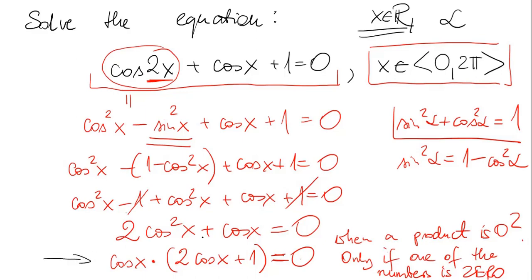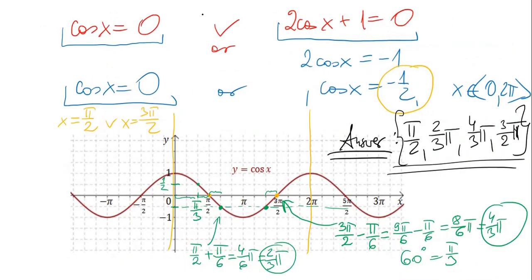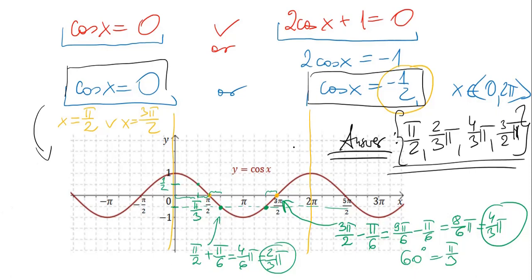So you will get a multiplication, or you will get just one cosine or sine, and then you have to split the equation into 2, and then you have very simple equations which you will solve by looking at the functions, or eventually, if you prefer, you can look at the unit circle.